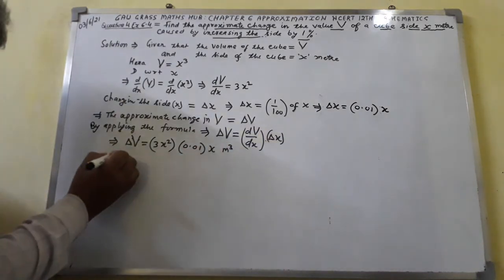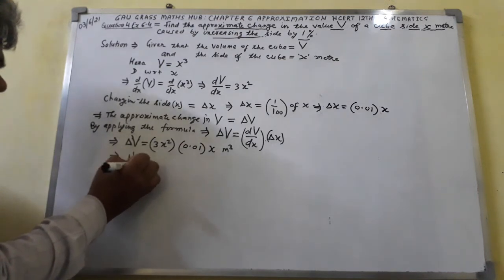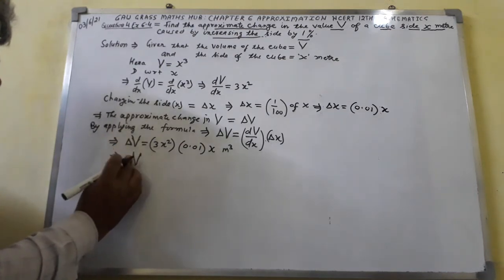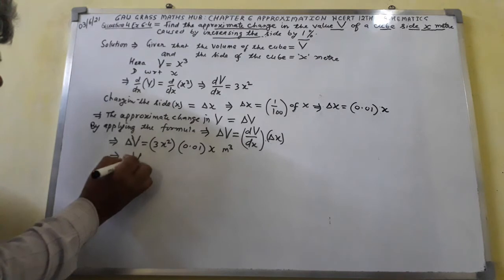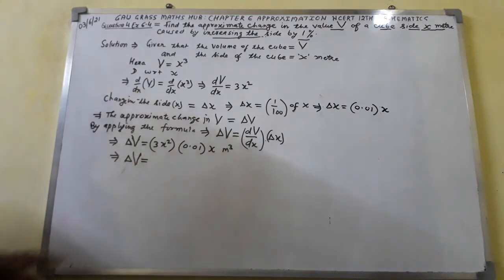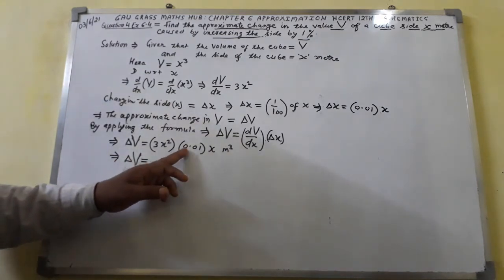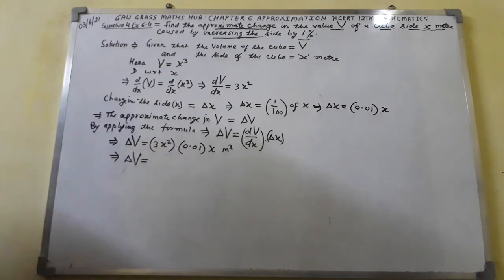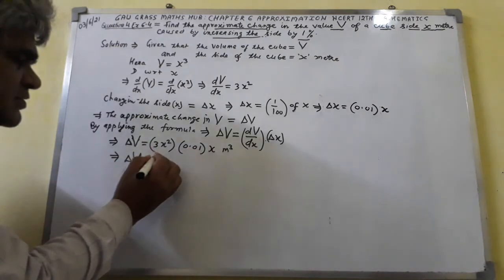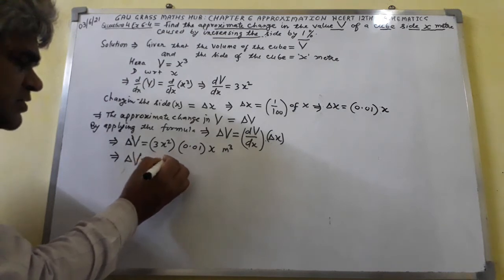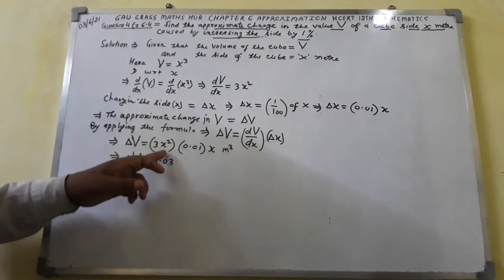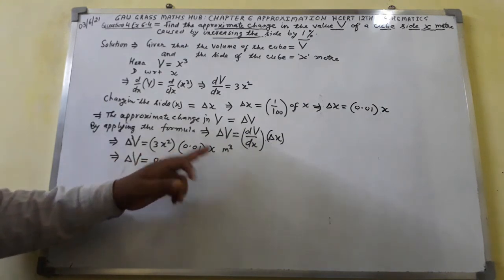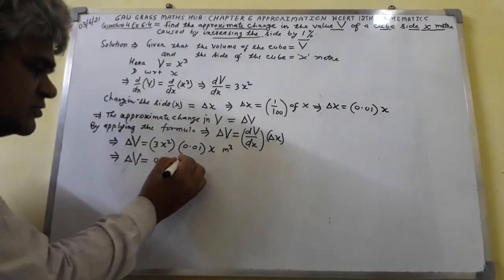So what we will do here is just calculate this one. Delta V equals, here 0.01 will multiply with 3, and you will get 0.03. x square multiplied by x comes out to be x cube.